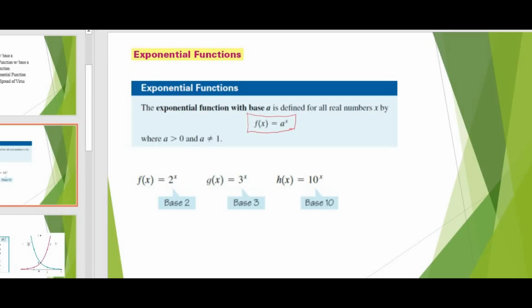So we have f of x equals 2 to the power x. Our base here is 2. And we have g of x is equals to 3 to the power of x. Our base is 3. And we have h of x is equals to 10 to the power of x. Our base is 10. So that is how we define our exponential function with base A.